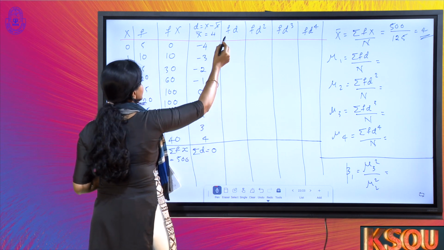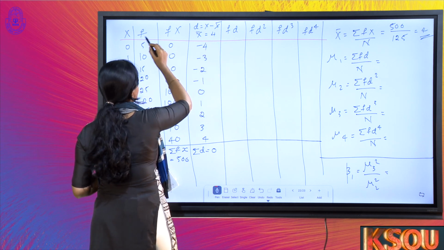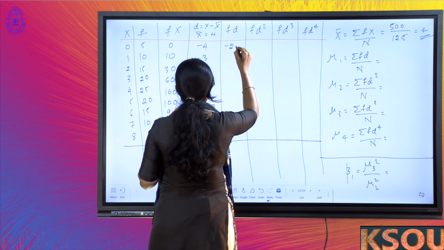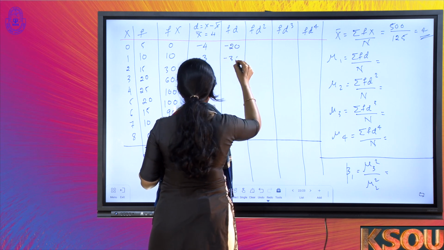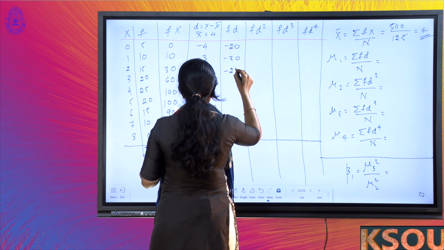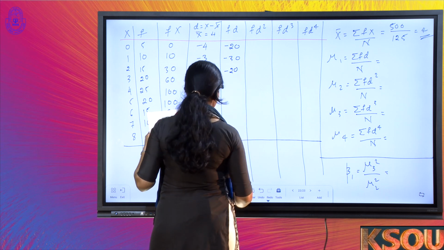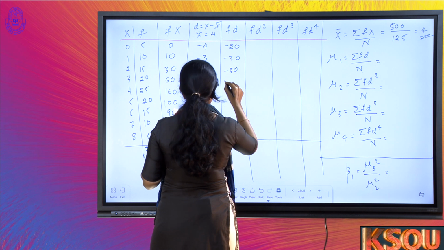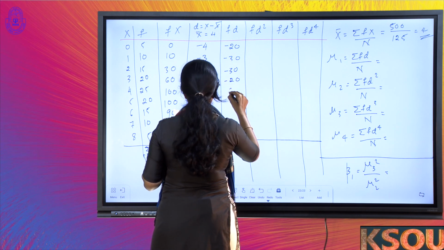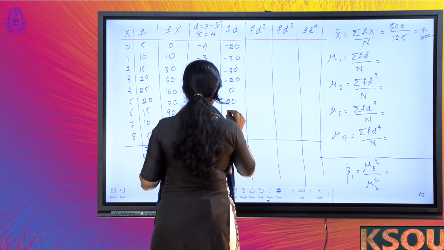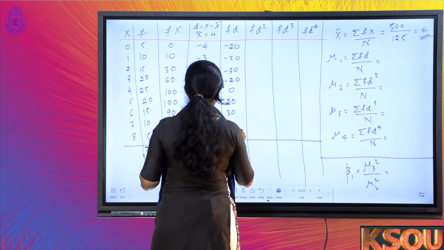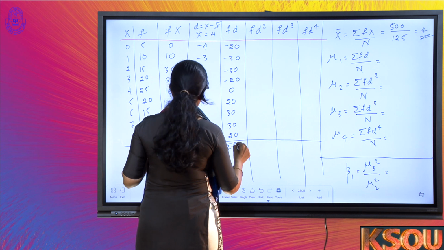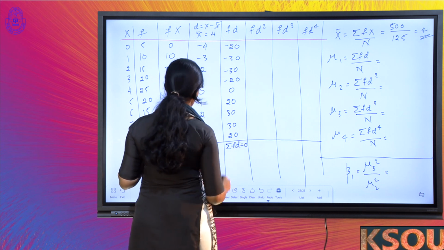Now, you can calculate f into d: minus 20, minus 30, minus 30, minus 20, 0, 20, 30, 30, 20. So, summation FD is also 0 here.